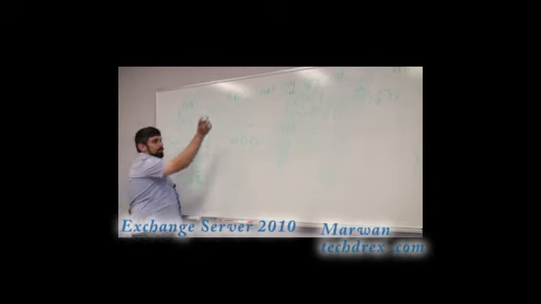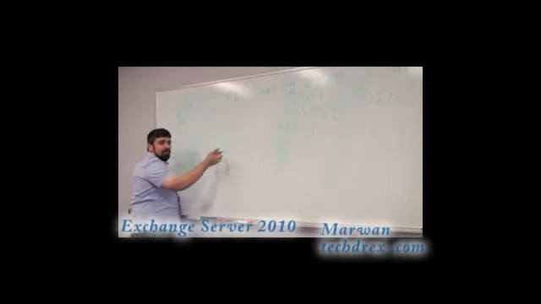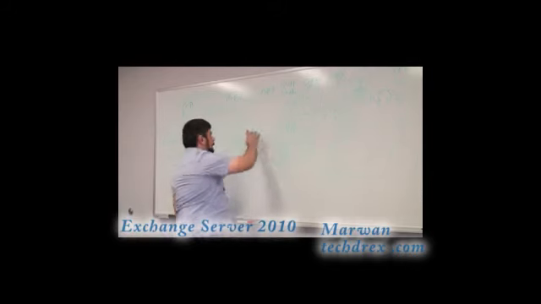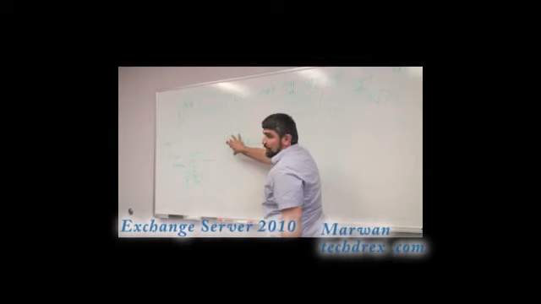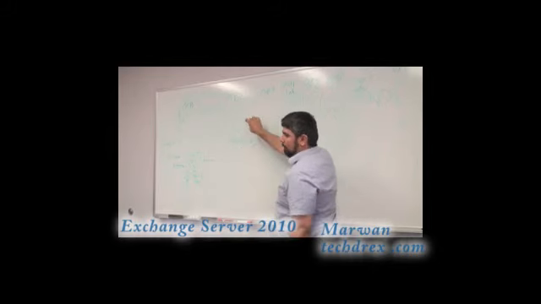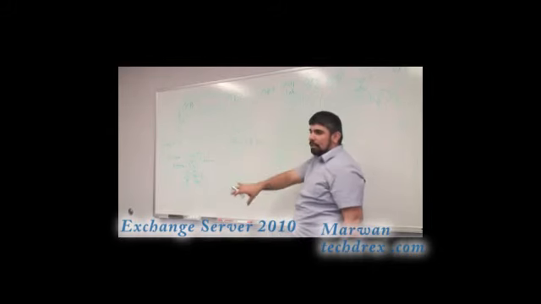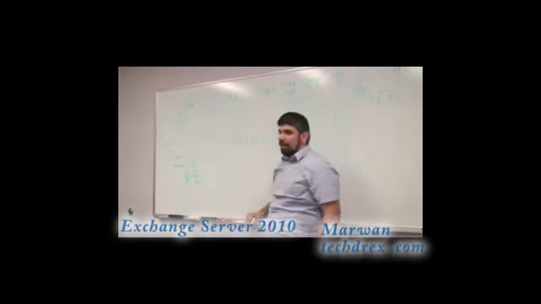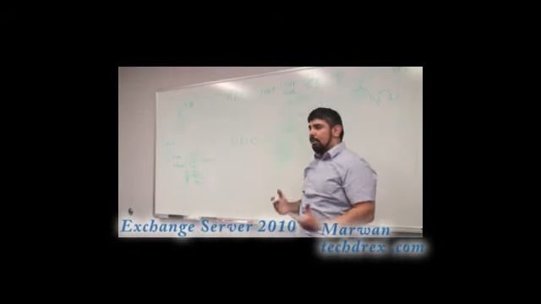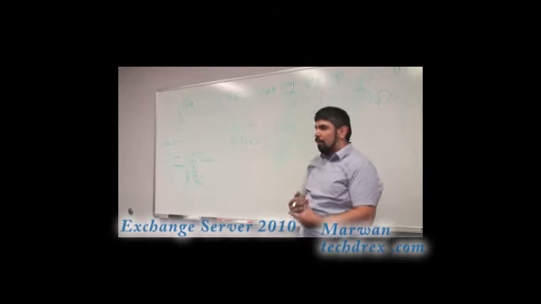So my mailbox resides on the database and in the logs, and once it has free time, it will commit the logs. But it will not delete them. It will just commit them and keep them there. It will only delete them when we do a full backup of the Exchange Server. And this is why if you forget to do backup of your Exchange Server for a month, you will have no more space on C.